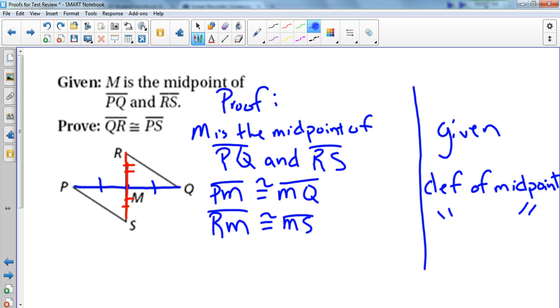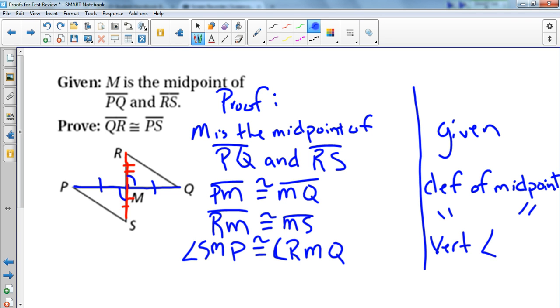And then again, we have some lines intersecting here, so this vertical angle has to be congruent to that vertical angle. So we can say that angle SMP has to be congruent to its vertical angle, angle RMQ, right?